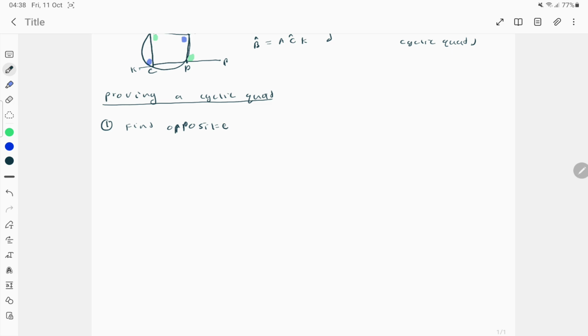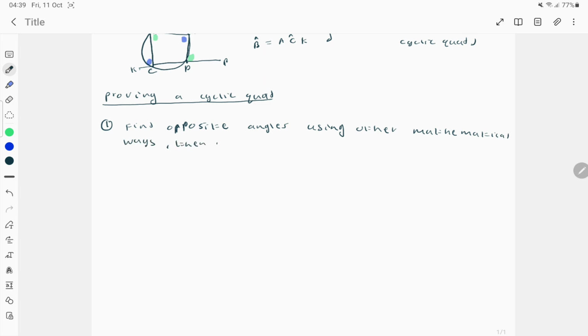I know, guys, my handwriting is not very nice, which is why you need to pay attention to what I'm saying so that you see it clearly. But anyway, find opposite angles using other mathematical ways.